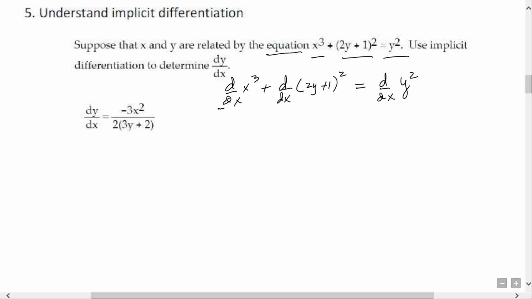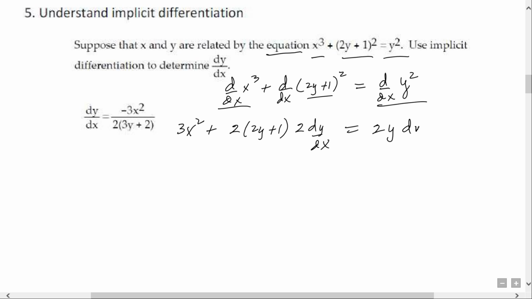Well, d dx of x cubed is equal to 3x squared. d dx of 2y plus 1 squared is going to be 2 times 2y plus 1 times d dx of 2y plus 1, which is 2 dy dx, equals d dx of y squared, which is 2y times dy dx.